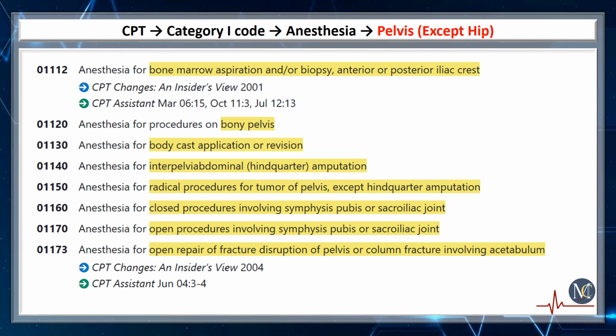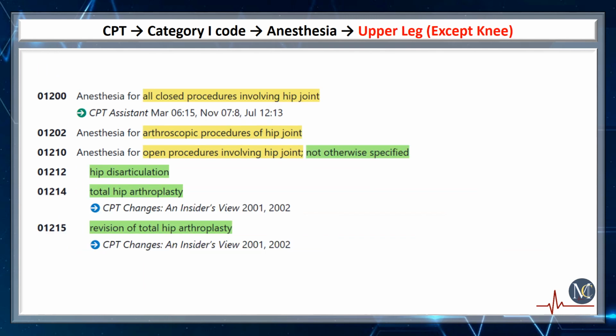Next code is 01173. Anesthesia for open repair of fracture disruption of pelvis or column fracture involving acetabulum. Acetabulum is the socket of the hip bone into which the head of the femur fits.